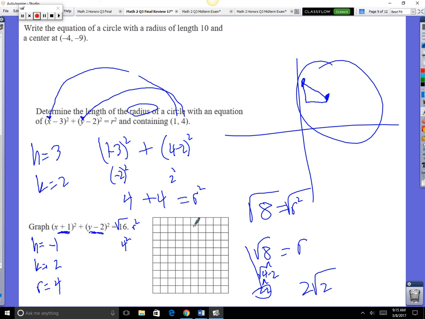So if you make your own grid, if you go left 1 and up 2, then from there your radius is 4. So I'm going to go down 4, go left 4, go right 4, go up 4, then your circle should be centered in quadrant 2.